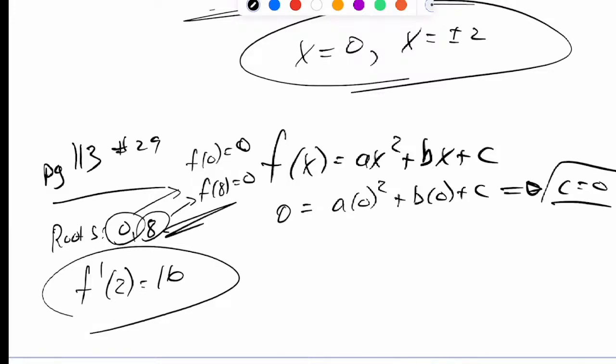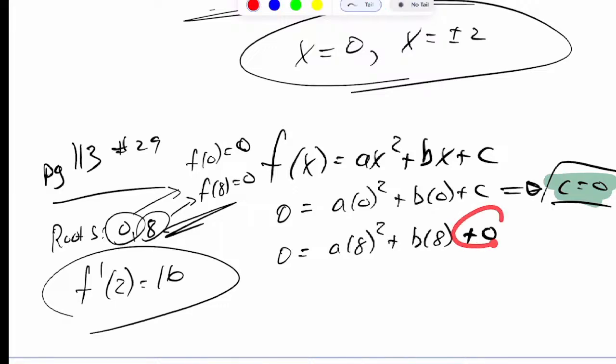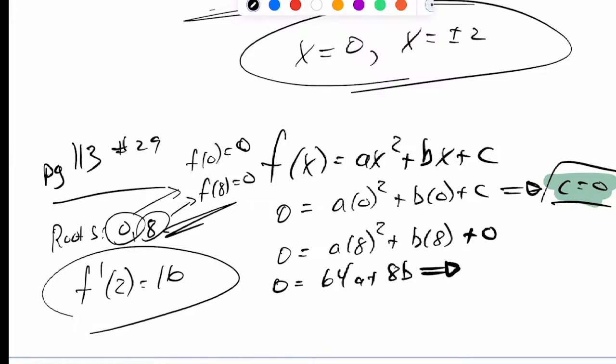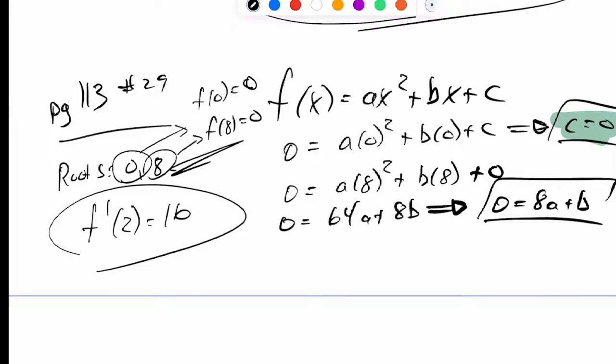Then I can do it again with 8: 0 equals f(8), which is 64a + 8b, since c is 0. If I divide across by 8, that means 0 equals 8a + b. So I've got a relationship between a and b here for 113, number 29.